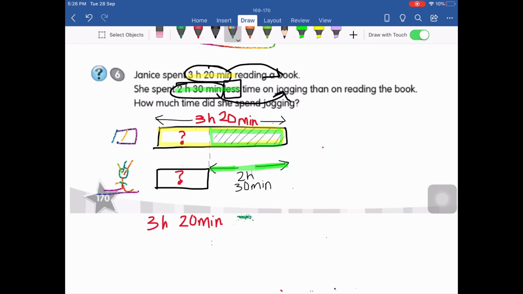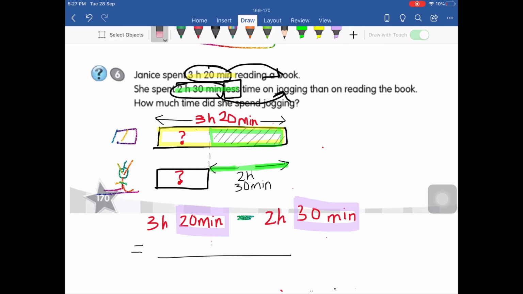So 3 hours and 20 minutes, take away 2 hours and 30 minutes. The minutes first, 20 minutes and 30 minutes. Can 20 subtract 30? No. So we are going to convert 1 hour from here.